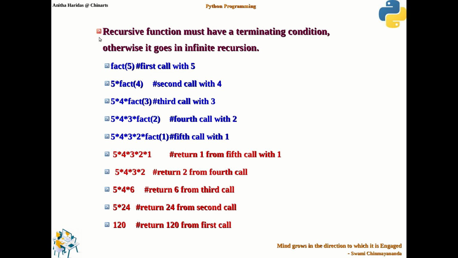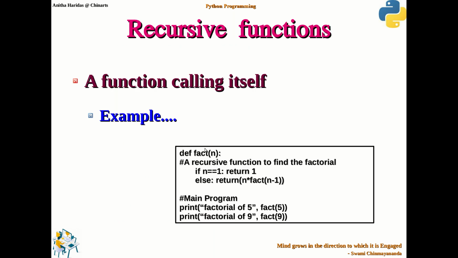Before that, a very important point to be noted in a recursive function is that all recursive functions must have a terminating condition. If it does not have a terminating condition, obviously it goes into infinite recursion. So in the factorial function, this is the terminating condition. You can observe here, n equal to 1 is the terminating condition.